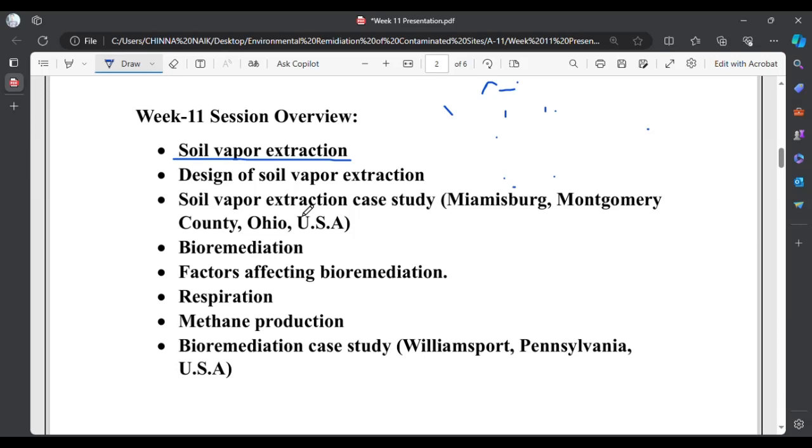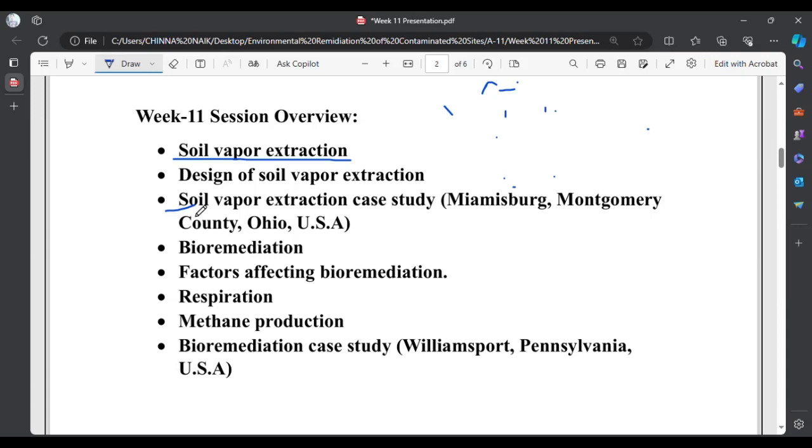So generally, this soil vapor extraction case study is telling about the TOU mount facility area. It is in Miamisburg in the USA, actually Ohio state, I think.